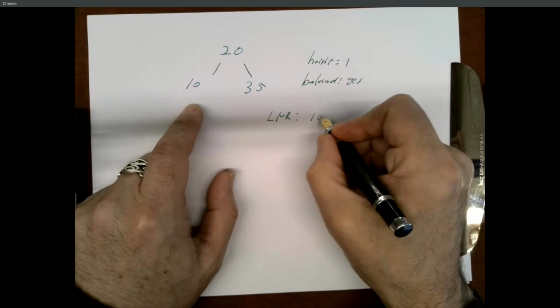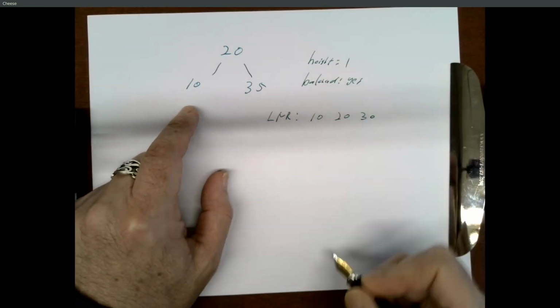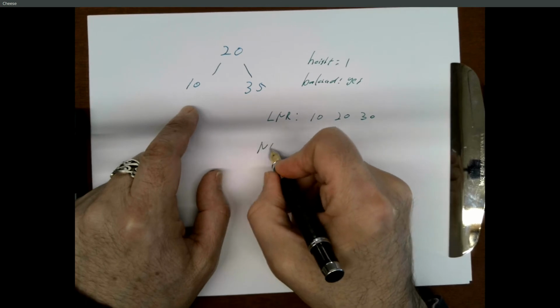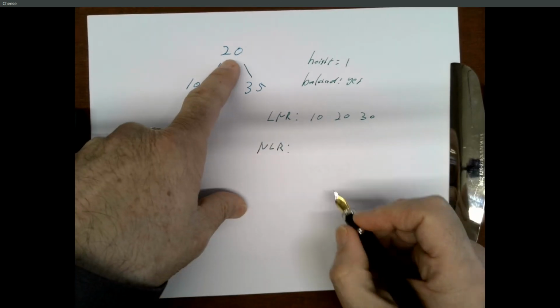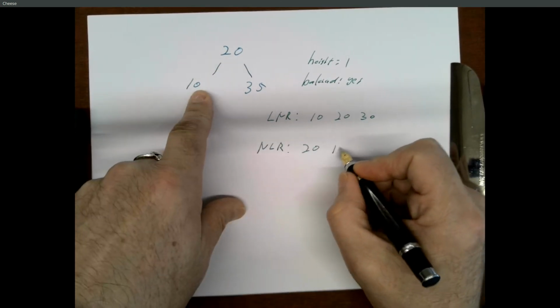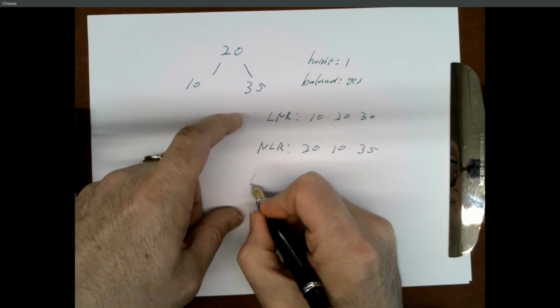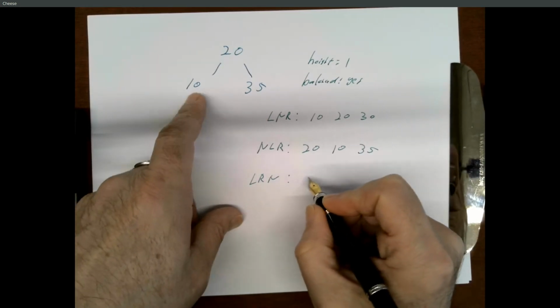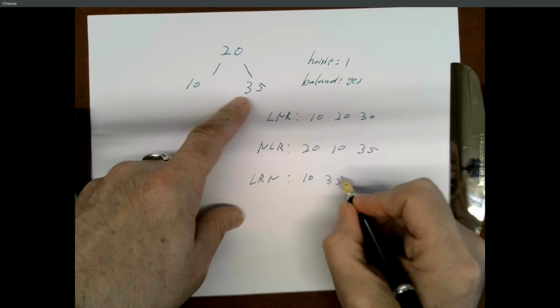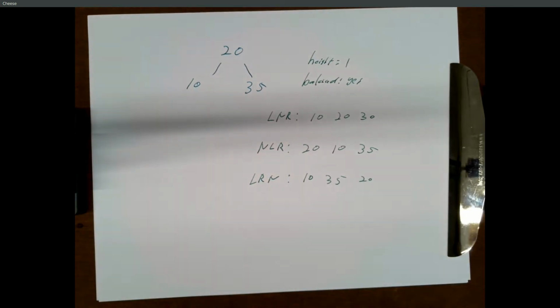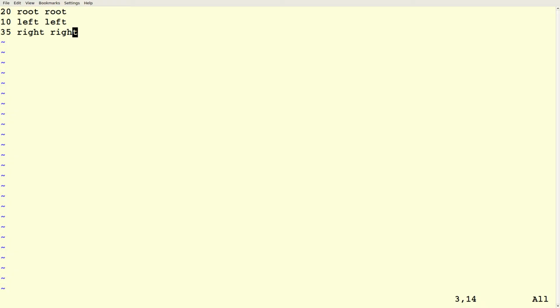So this should give me 10, 20, and 35. The pre-order is going to give me the root node first, and then the left subtree, and then the right. And the post-order, LRN, is going to give me the left subtree, the right subtree, and then the root. So you can check your code up to that point.